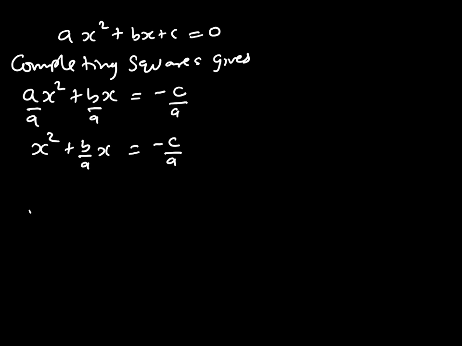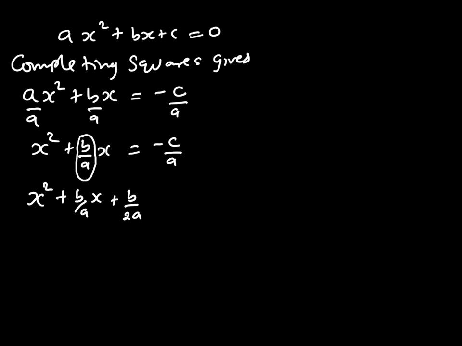So what's the next step? We say this coefficient of x, okay, you half it and then square the result, add on both sides. What do we end up with? Okay, we shall have x squared plus b over a of x, then add b over 2a.